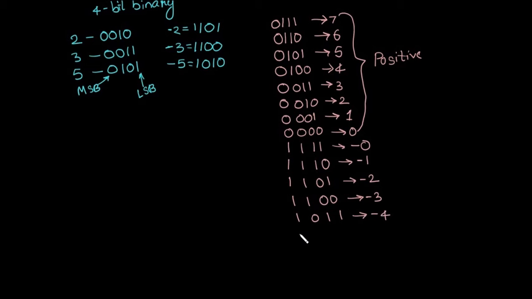And negative 5 is 1 0 1 0. This is negative 5. Negative 6 is 1 0 0 1, and 1 0 0 0 is negative 7.